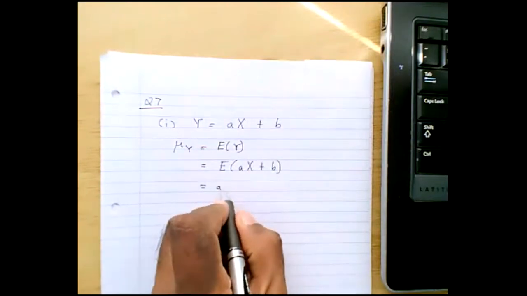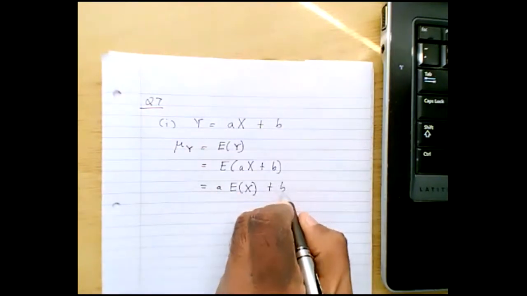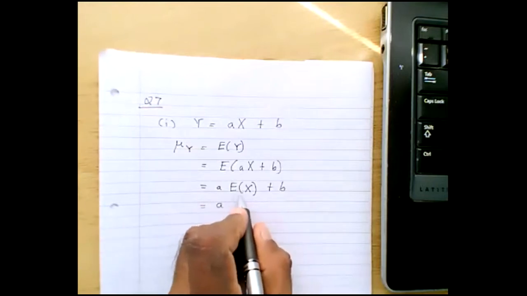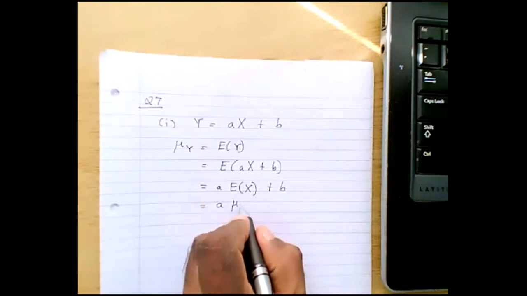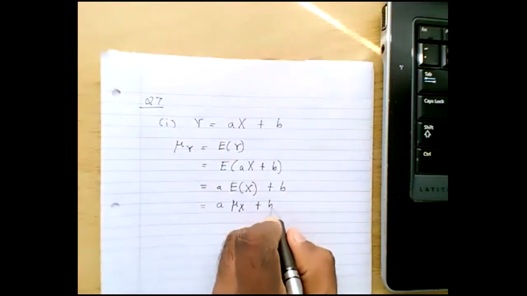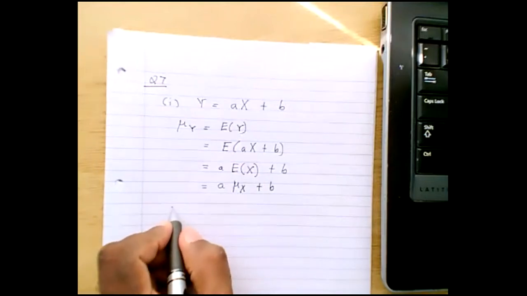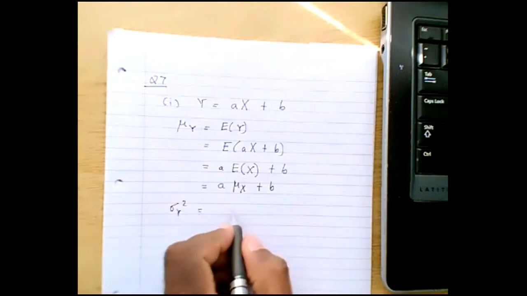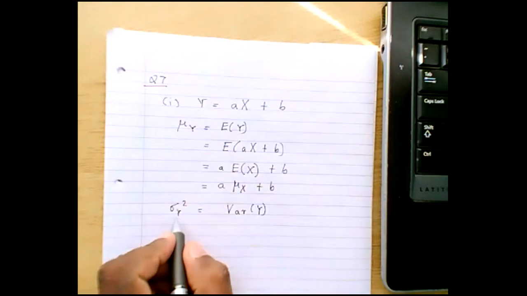And this is a times the expectation of x plus b, right? And we denote the expectation of x by mu x. So this becomes this, right? Okay, and similarly, we are also going to look at the variance of y, which is denoted by this, right?